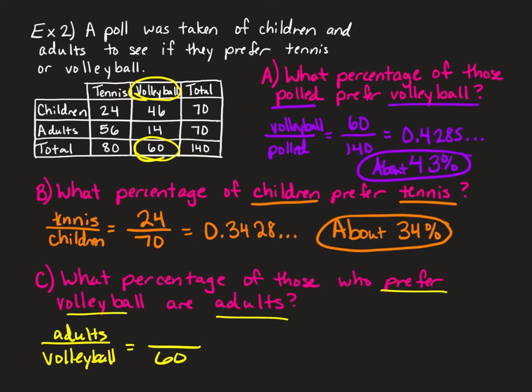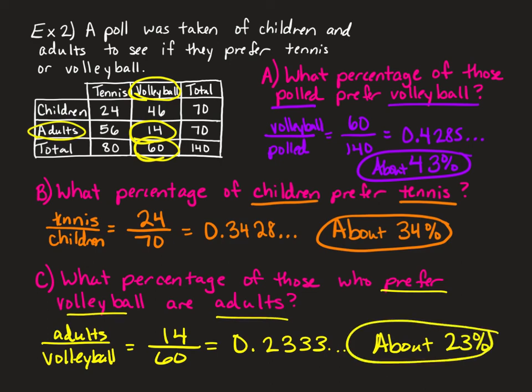And then looking at that same column, go to where you see adults, and there were 14 from the row for adults that preferred volleyball. And so 14 divided by 60 is 0.2333, the 3's kept repeating. And so that is about 23%.